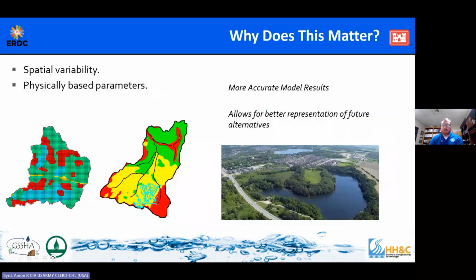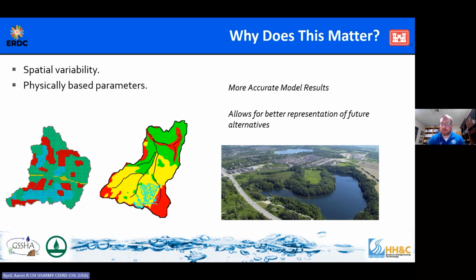There we go. So why do we care about this? Why does this make a difference? Well, this lets us get at spatial variability. We can be very spatially explicit about where things are in the watershed, and that can make a difference. Rather than lumped style models where everything gets mushed together, the where can actually be quite important, and we can represent that with a gridded model like GSSHA.